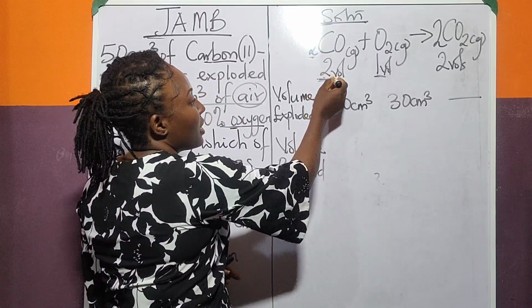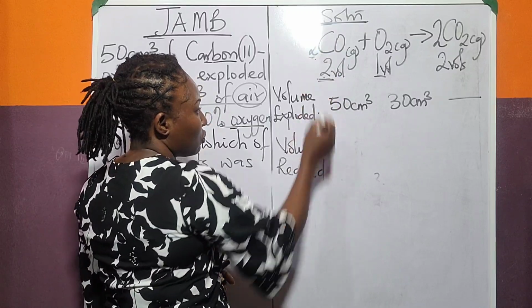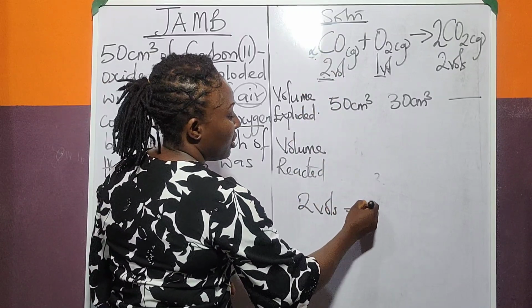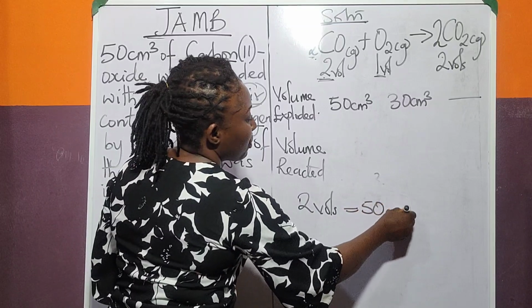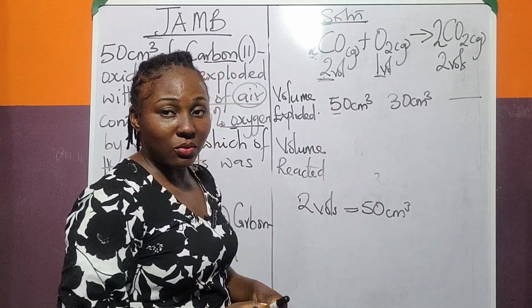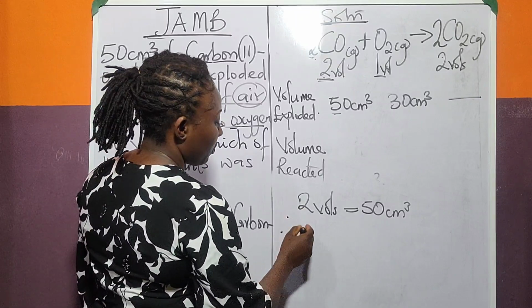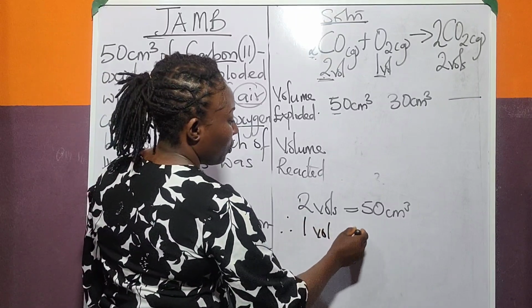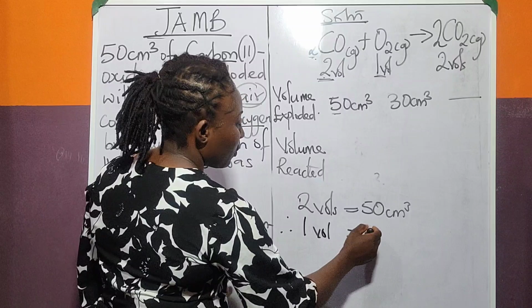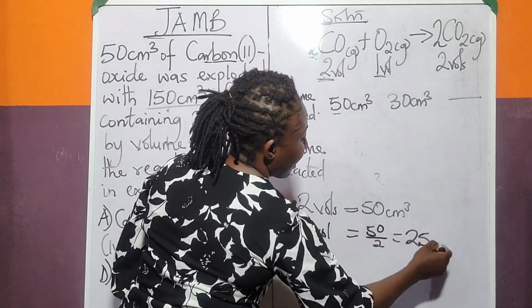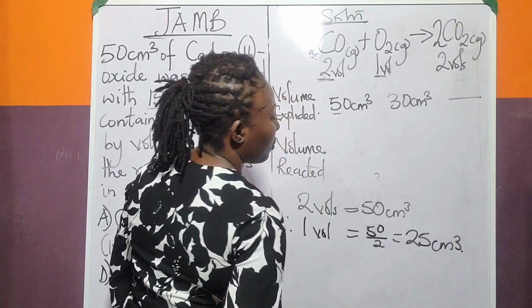So let me come here and say for carbon(II) oxide, let 2 volumes be equal to 50 cm³, because that's the maximum that was provided, right? Hence, therefore, 1 volume will be equal to 50 divided by 2, which will give me 25 cm³.